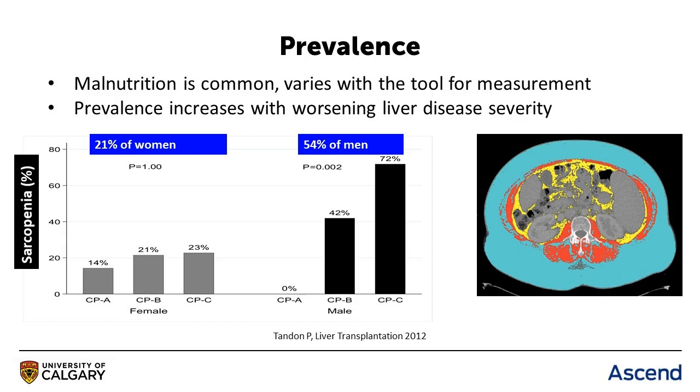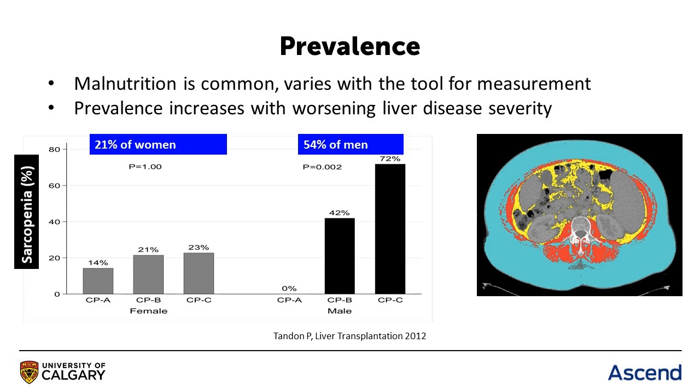This was a study using CT that we did back in 2012, and various studies have replicated very similar results. Sarcopenia might not be the best tool for women. It's not as prevalent in women as it is in men, which is really interesting. And the Child-Pugh class, which the liver group will be familiar with, is a way of assessing liver disease severity.